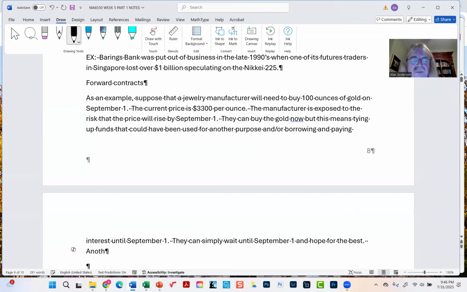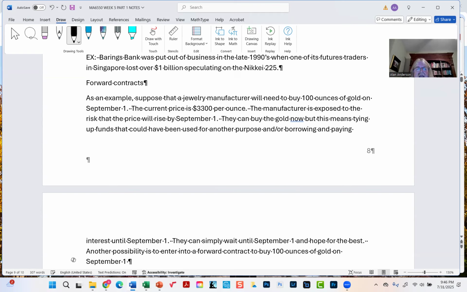Another possibility is to enter into a forward contract to buy 100 ounces of gold on September 1st. And let's just say that the price agreed to is $3,400 an ounce.